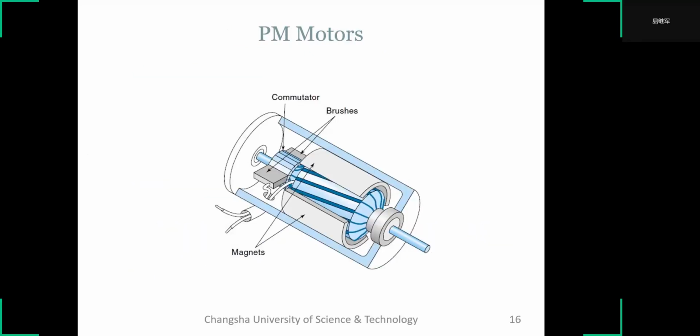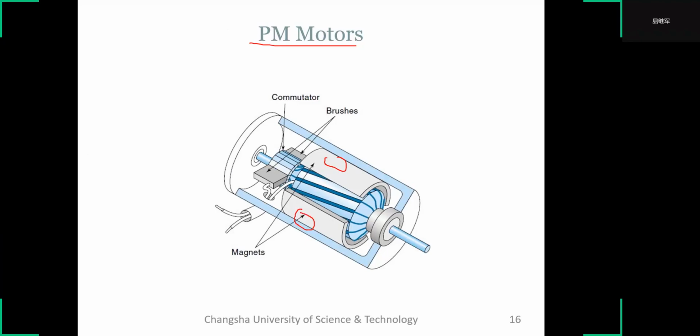This is the permanent magnet motor, PM motor. This is a magnet, a permanent magnet.